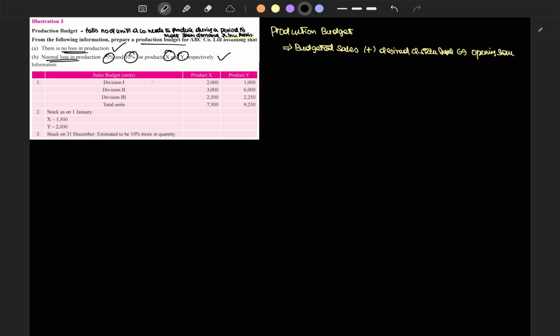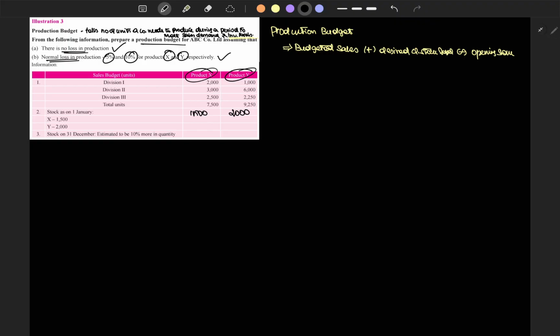Sales budget and division-wise sales data have been given for product X and product Y, and the opening stock levels have been given, which are 1500 for product X and 2000 for product Y. Stock on 31st December is estimated to be 10% more in quantity.